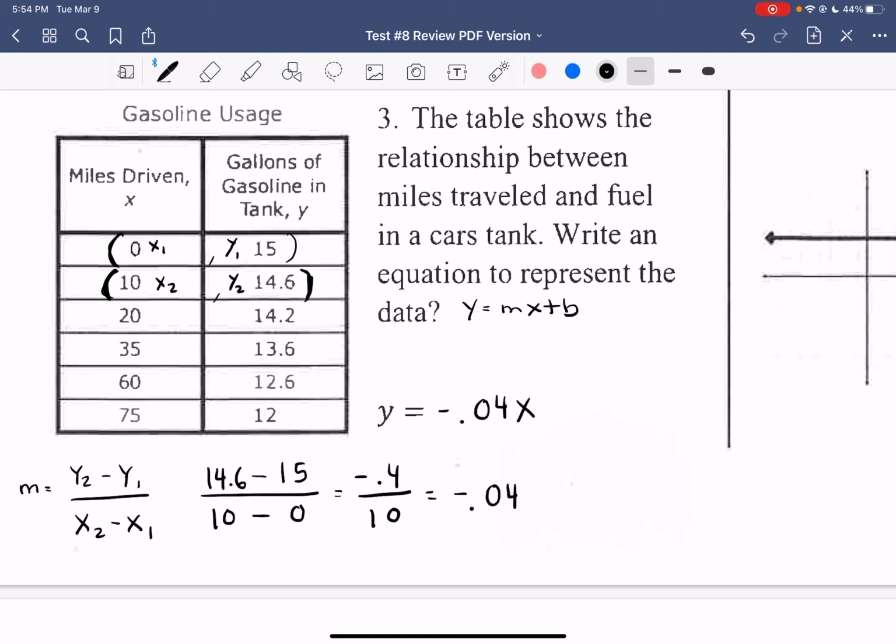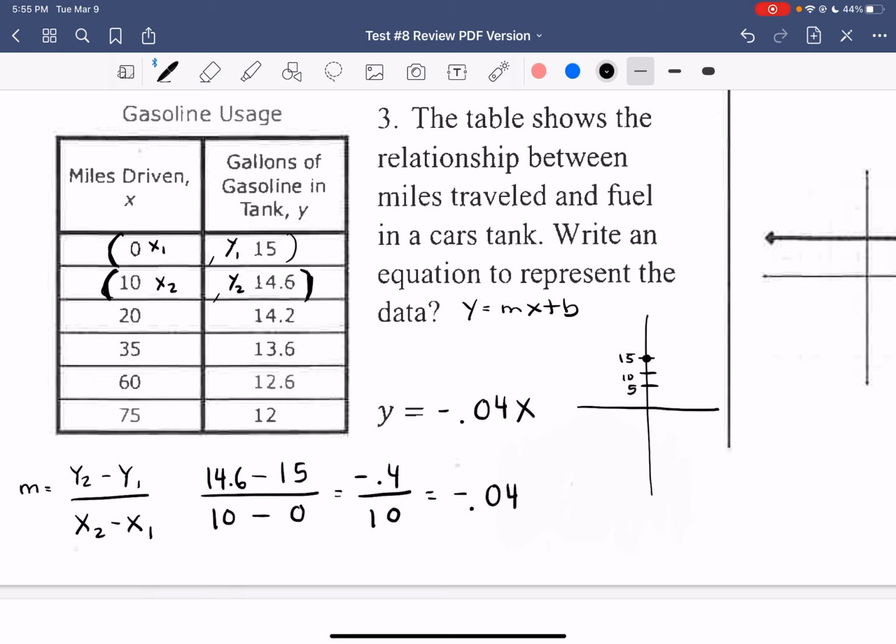So the y-intercept is where the line is going to cross the y-axis. So I'm just going to sketch this really quick. So if I had 5, 10, 15, 5, 10, 15, if I were going to take this point right here and put it on the graph, it would be located at 0, 15 right here.